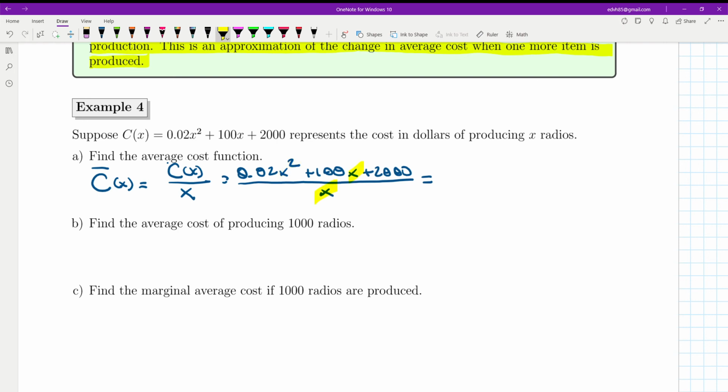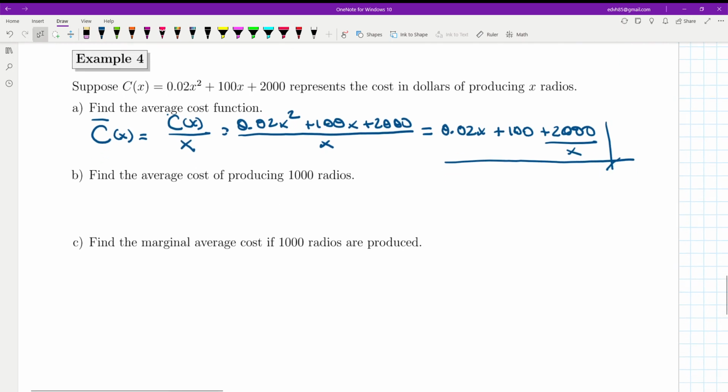Divide these two x's to cancel them out, and we'll just get 2000 over x as our last term. Let's simplify that: 0.02x plus 100 plus 2000 over x, and this is our average cost function.